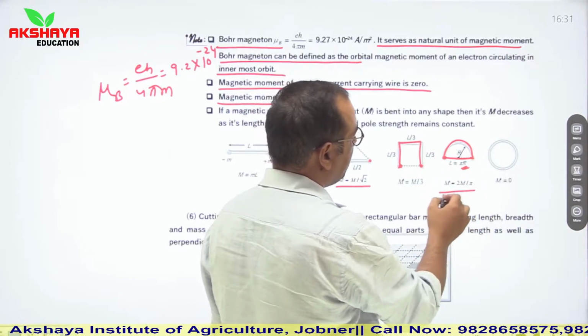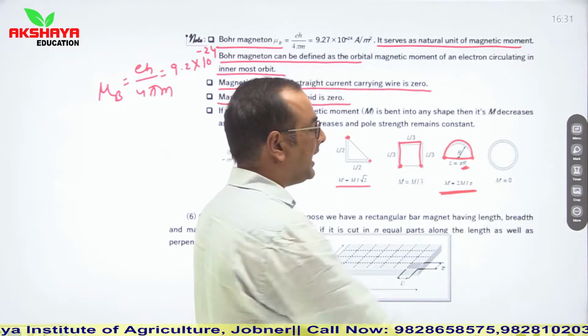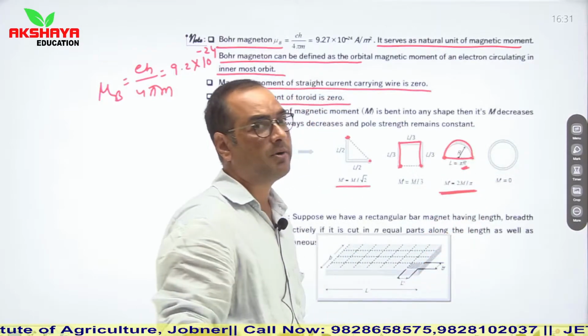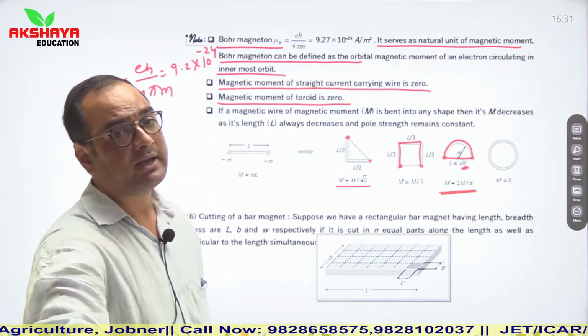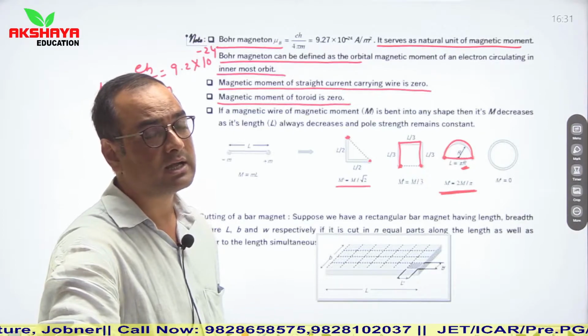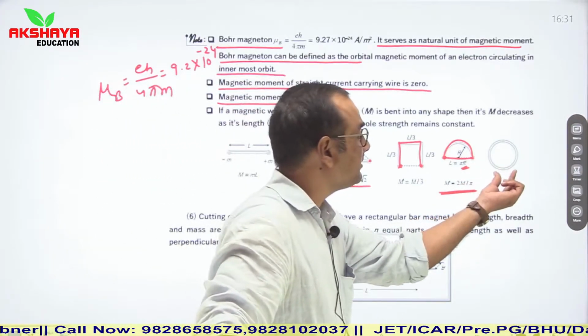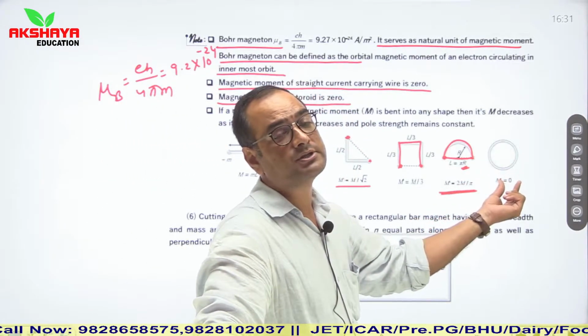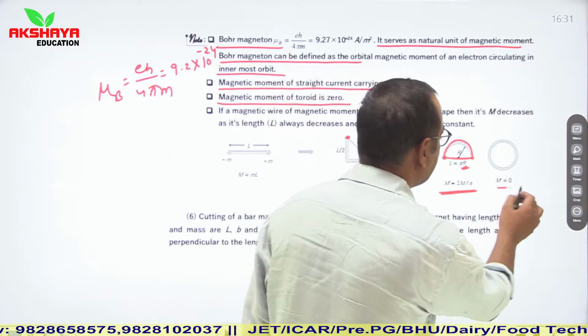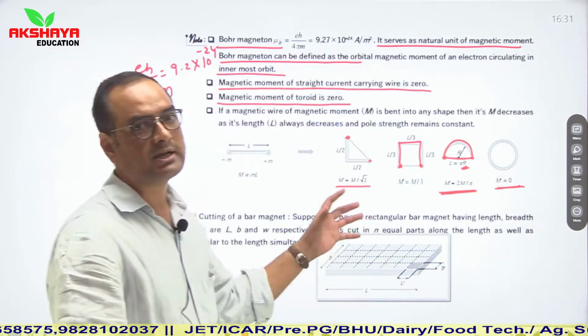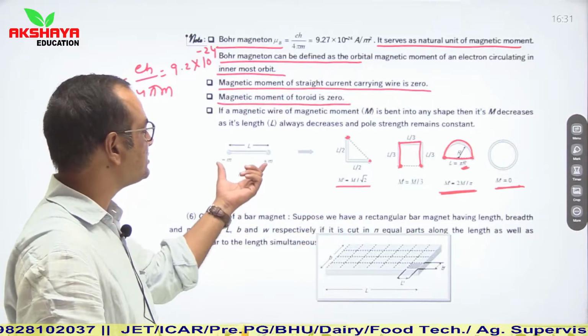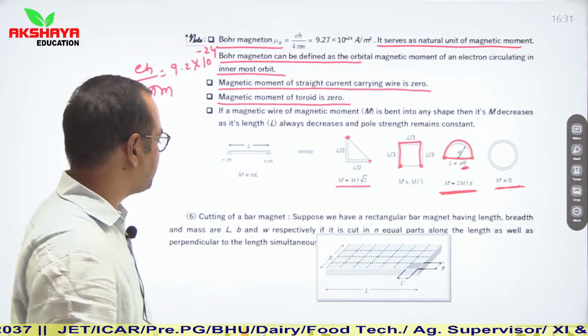So we can say that magnetic moment is 2M upon pi. If we bend it in a symmetric form into a complete circle, then south and north poles coexist, hence effective length becomes 0, hence magnetic moment is also 0. So this is a general pattern of question which can be discussed based on this general concept.